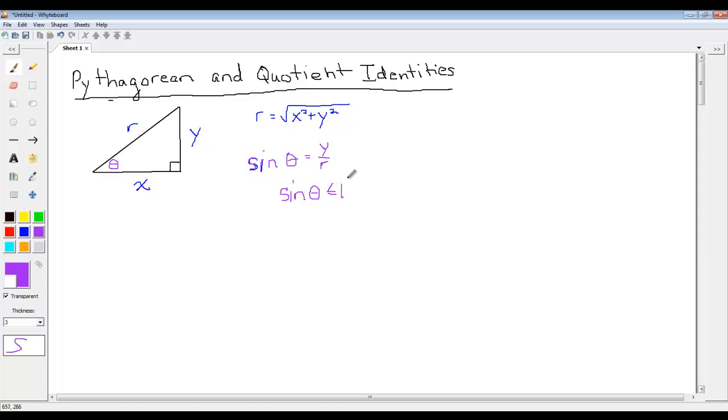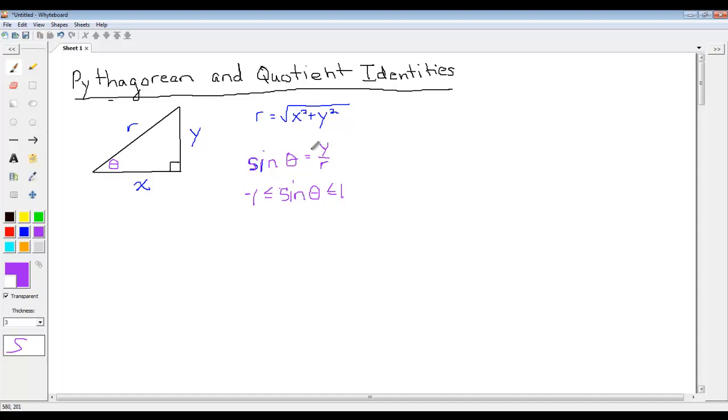If y is 0, you have 0 over something, which is 0. Or if this is a reference triangle situated in a different quadrant, say quadrant 3 or 4, and y is negative, then you'd have a negative over a positive, and the absolute value of y would still be smaller than or equal to r, so sine would be greater than or equal to negative 1.